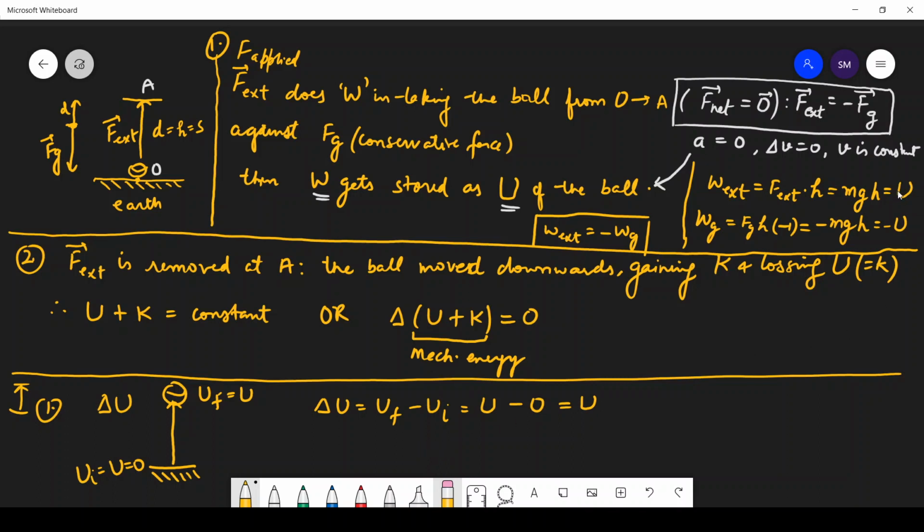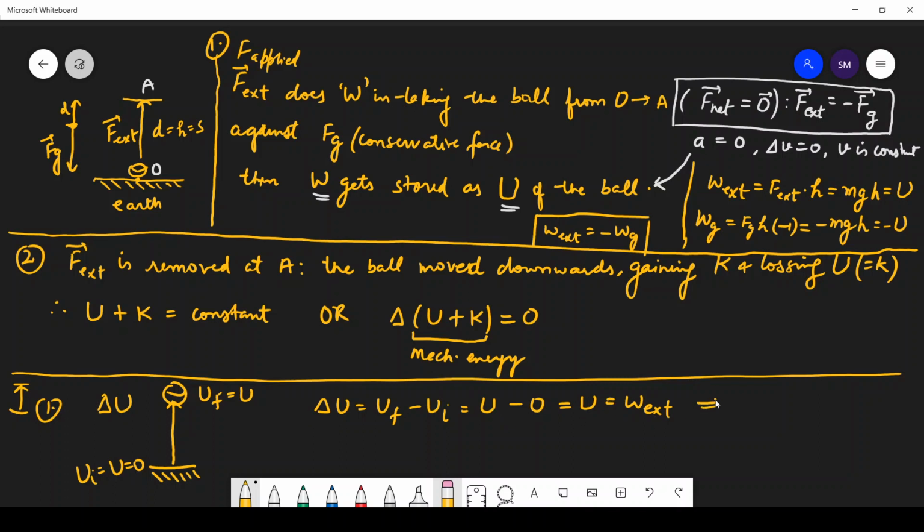Same, this u, and that is equal to the work done by the external force. So the work done by the external force is u or delta u. It is the same.